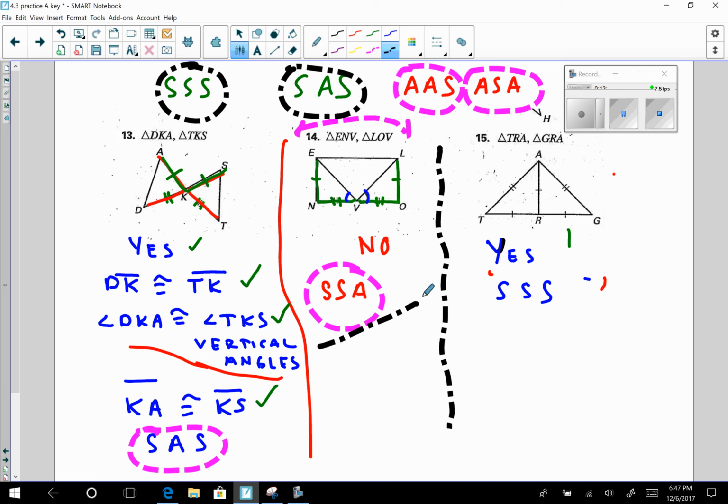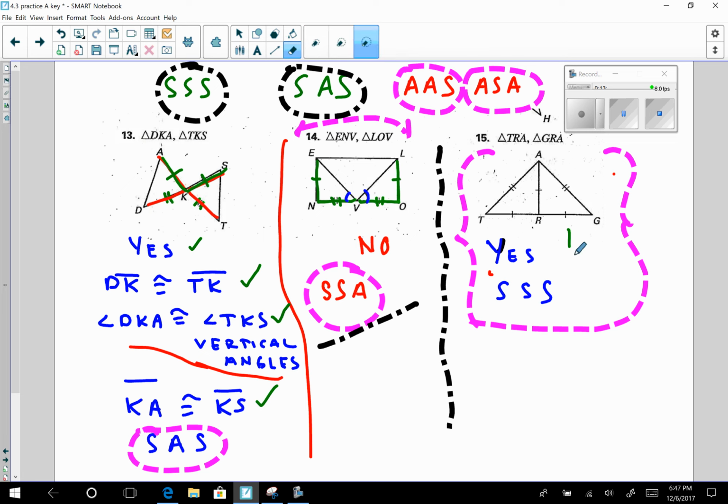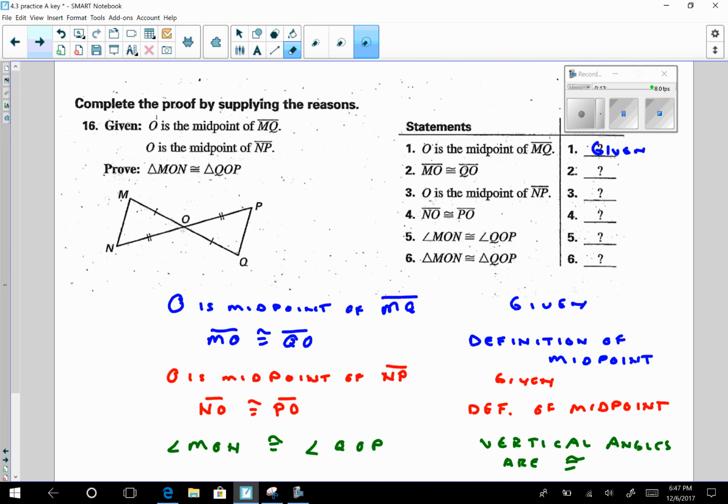I think 15 is a fairly straightforward problem. And if you look closely, you will see that we can use side-side-side on this particular problem. Let's do the small proof for number 16 on this handout.